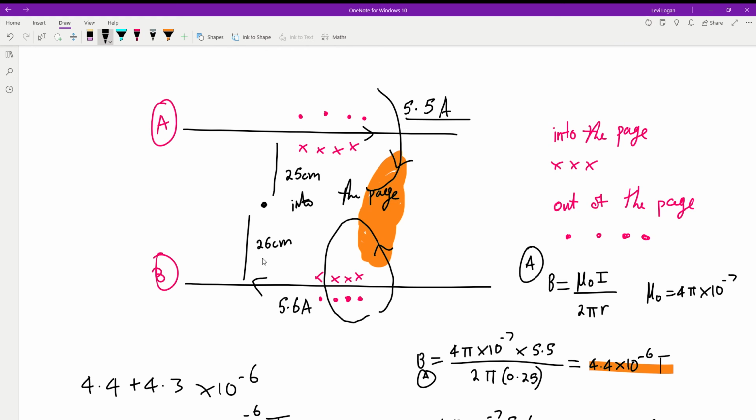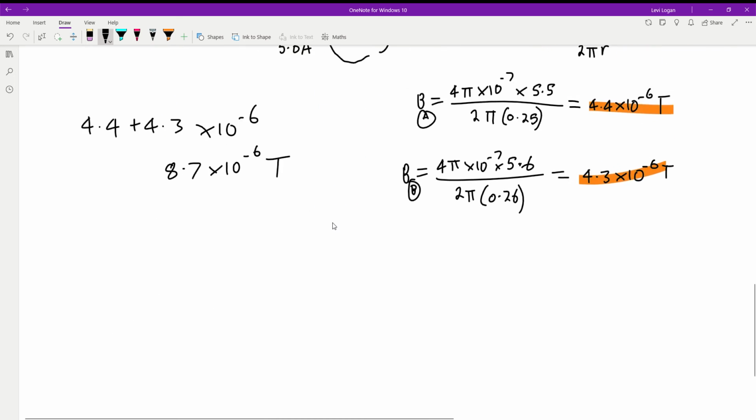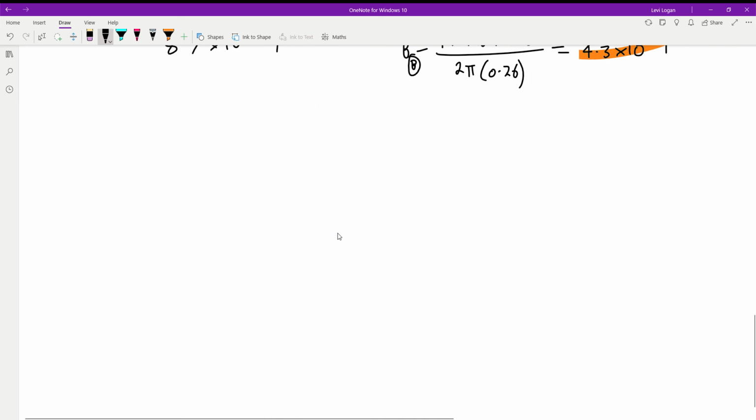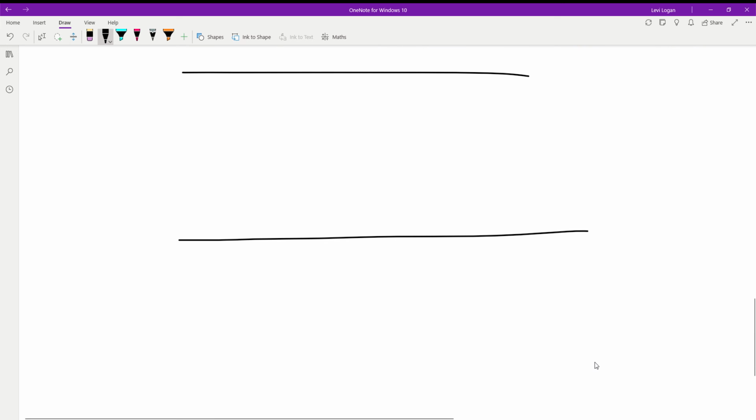Now let's take a look at another example where they don't add together. So let's take a look if they had this situation here. So let's have two wires again. And let's say they're both going in the same direction this time. But this one has a strength of 5.6 amps, so similar to the wire B up there.